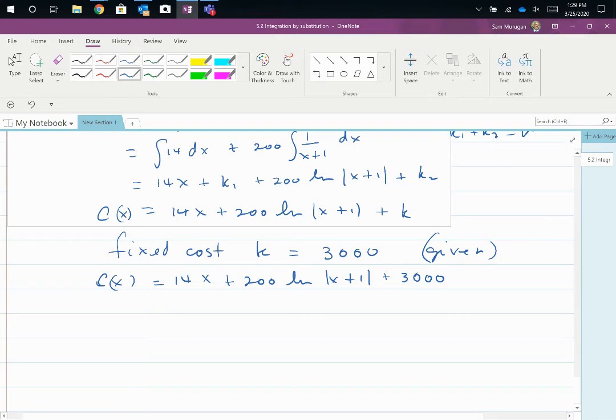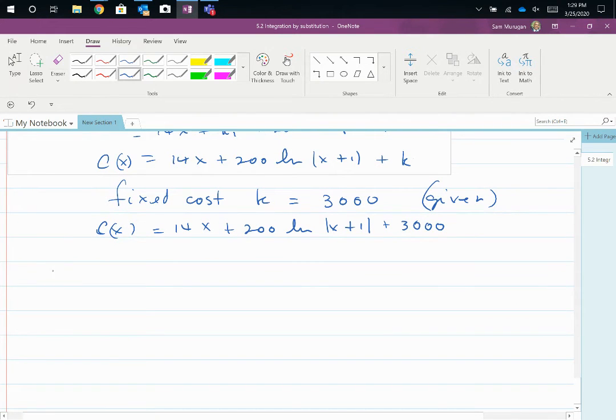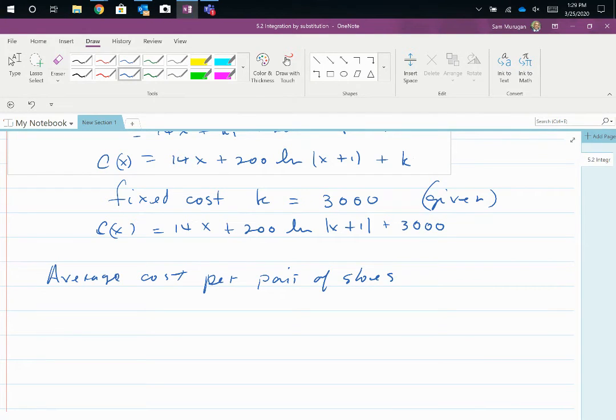Now, the first one, the average cost per pair of shoes, and that's for 1,000 shoes.